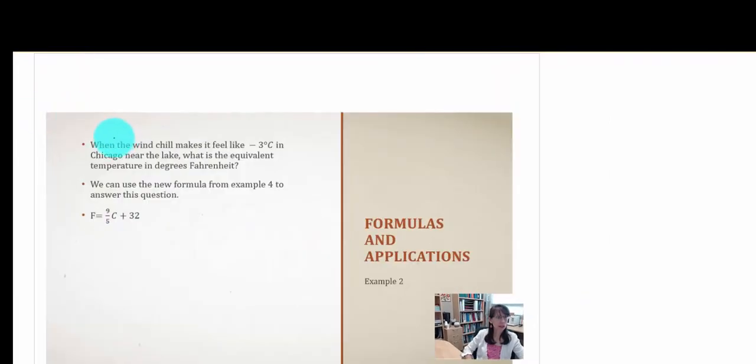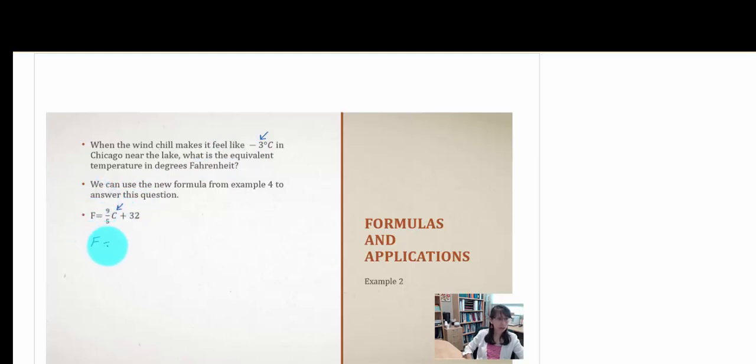In another situation, it says when the wind chill makes it feel like -3 degrees Celsius in Chicago near the lake, what is the equivalent temperature in degrees Fahrenheit? So now we're going to use our formula that was rearranged for Fahrenheit because our input value now is in Celsius. So instead of C, we're using -3.